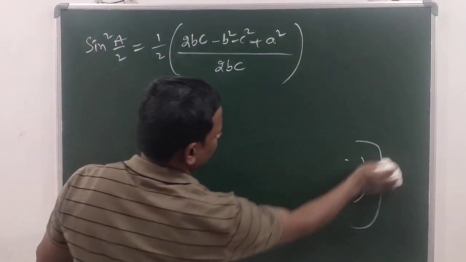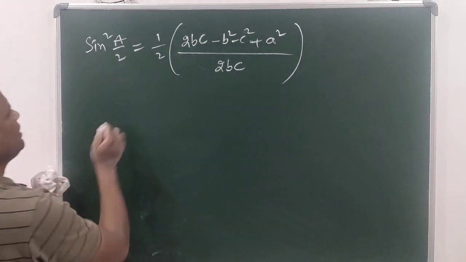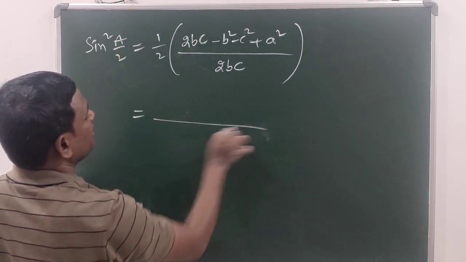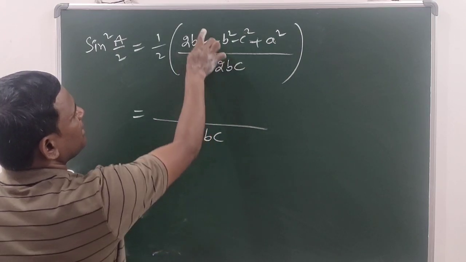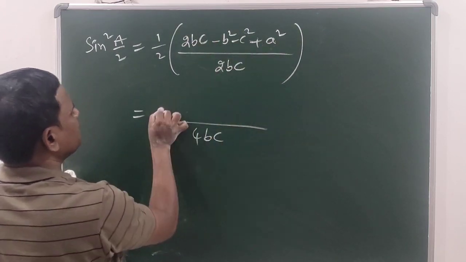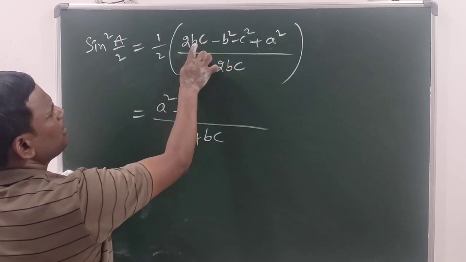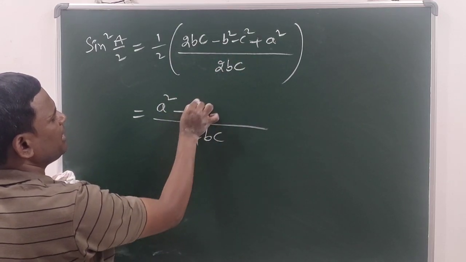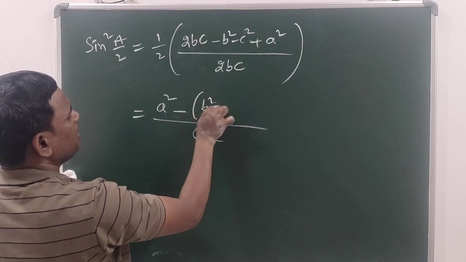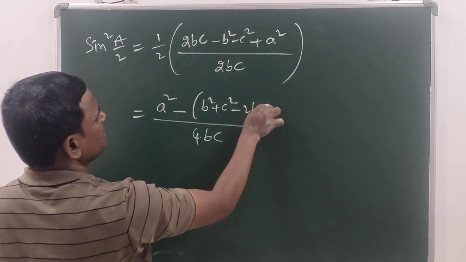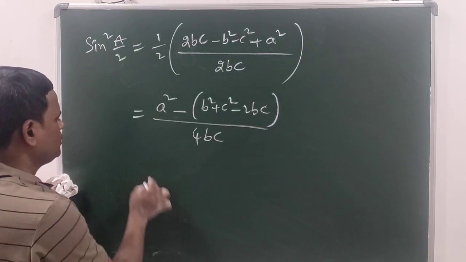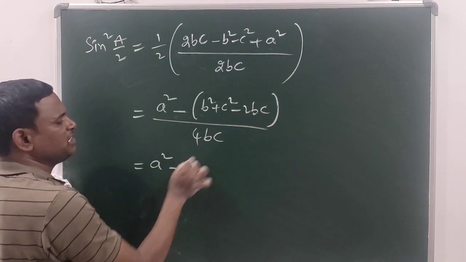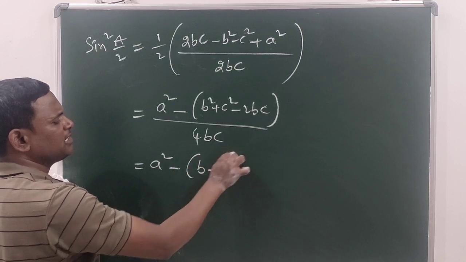In the next step, 2 twos are 4, the denominator 4bc you will get. Now observe this. This first a square I would like to write as it is, but from these three terms I would like to take minus common. When you take minus common here, you will get b square plus c square minus 2bc. So in the next step, a square minus (b square plus c square minus 2bc) can be written as a square minus (b minus c) whole square.